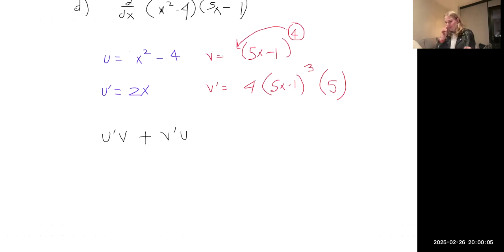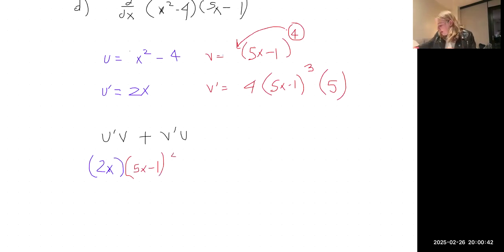This isn't going to be pretty. Our u prime is 2x, so we have 2x times our v, which is 5x minus 1 to the 4.